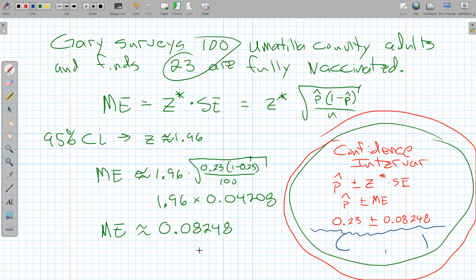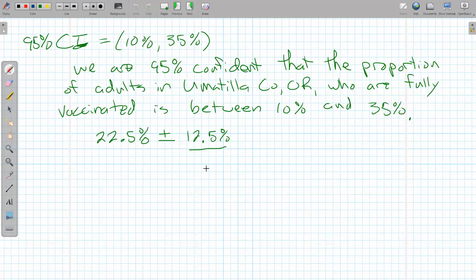So according to this new central limit theorem version, it's somewhere between 0.14752, about 14.8%, up to about 31%, 0.31248. So I definitely got a smaller margin of error because I increased the sample size. I have a margin of error of about 8. When I did the sample size of 40, I ended up with a margin of error of 12, almost 13, which is pretty high.